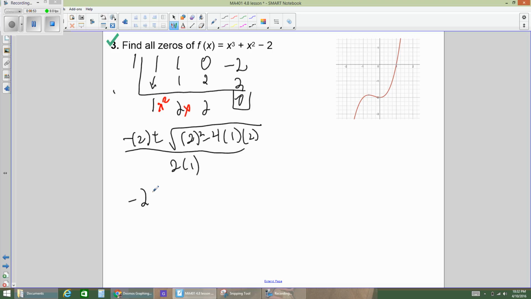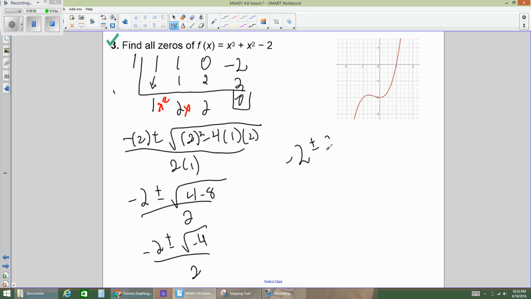Okay, so I have negative 2 plus or minus the square root of 4 minus 8 over 2. There's your i right there, because I'm going to get a negative 4 under the radical. So that's negative 2 plus or minus 2i over 2. I have to share the love, so I get negative 1 plus or minus i. We also have the answer x equals 1.